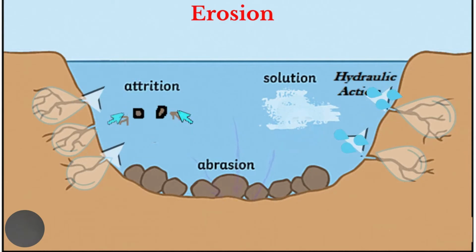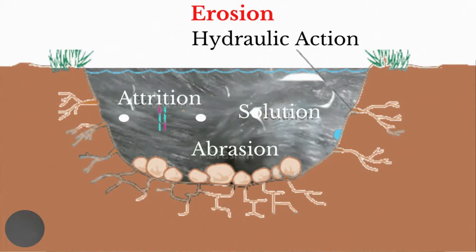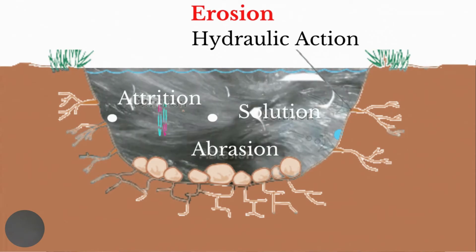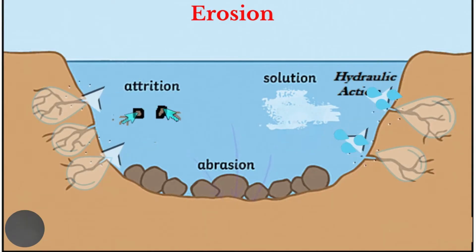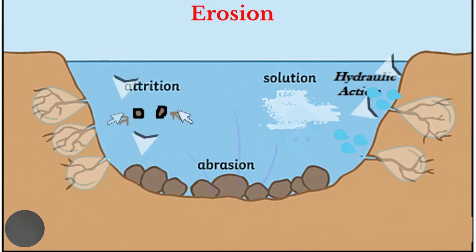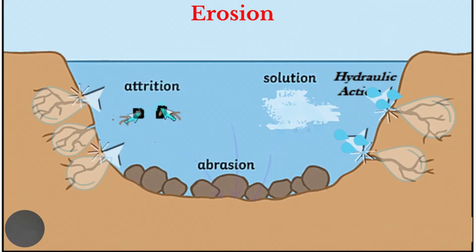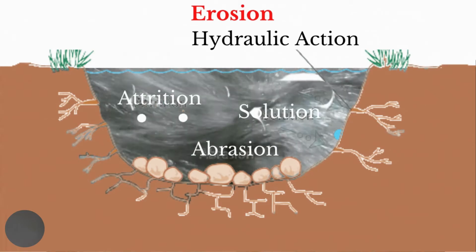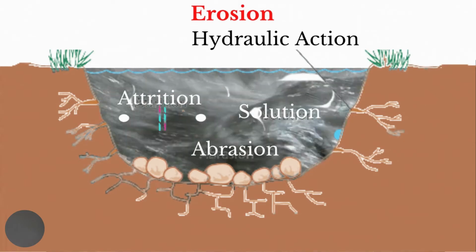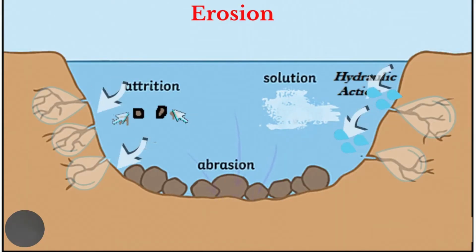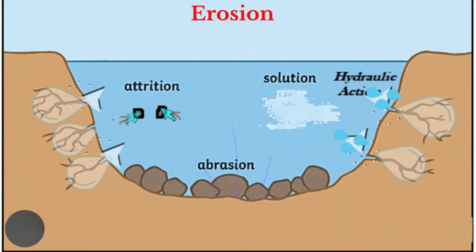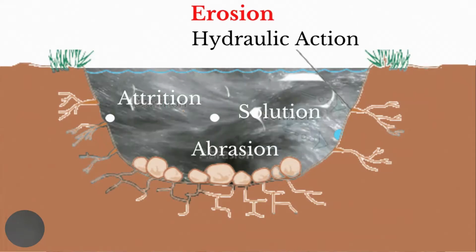Now, while attrition, abrasion, and hydraulic action are all physical processes, solution is a chemical process. Solution, also called corrosion, is not to be confused with corrasion, which is another name for abrasion.